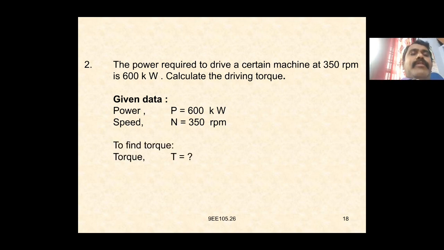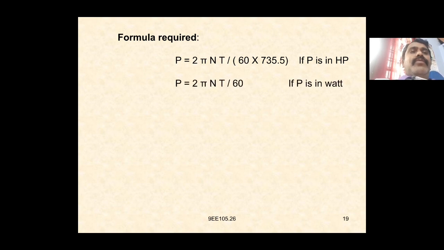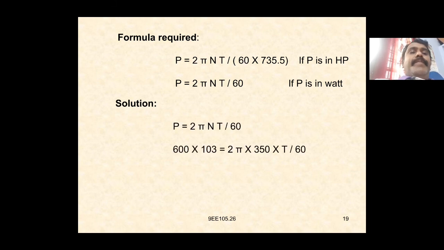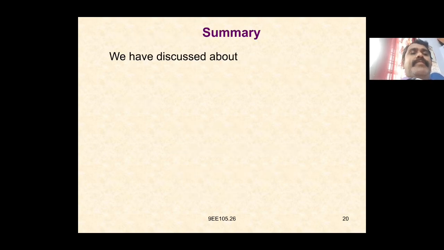To find torque T. P is equal to 2 pi NT by 60 in watts. Solution: 600 into 10 to the power 3 is equal to 2 pi into 350 into T by 60. T is equal to 60 into 600 into 10 to the power 3 by 2 pi into 350. T is equal to 16370 newton meters.